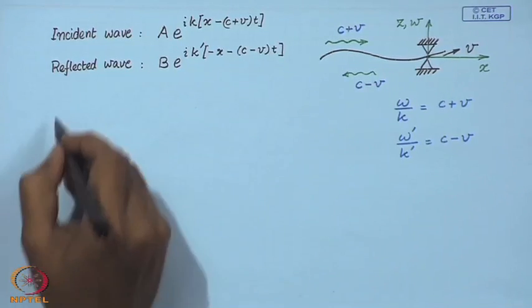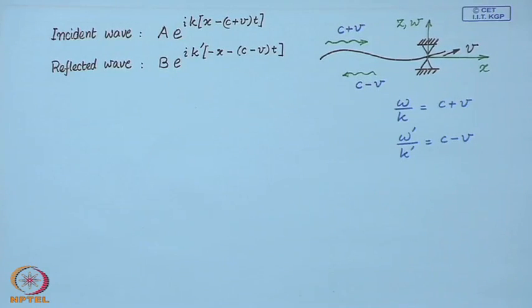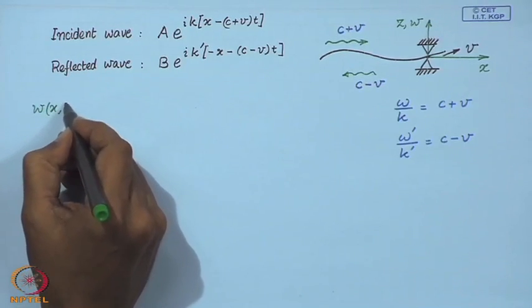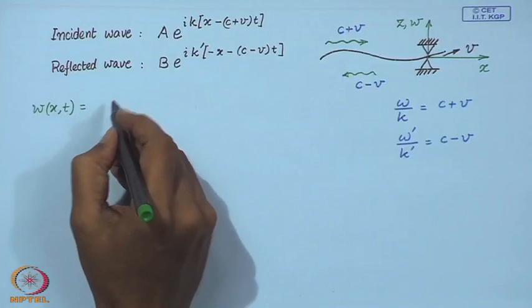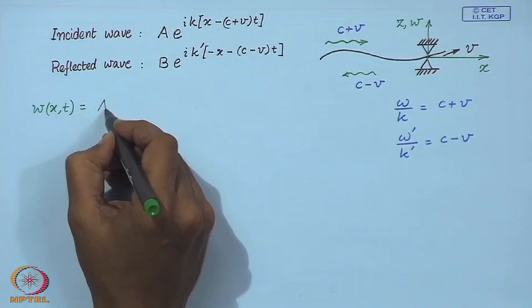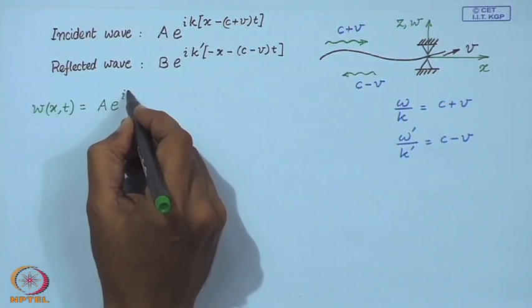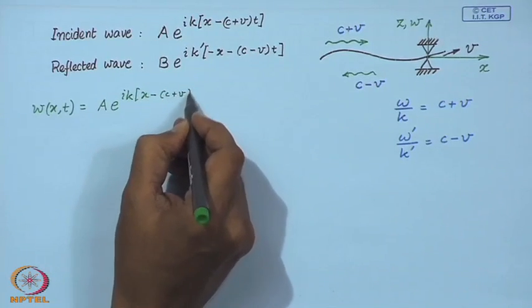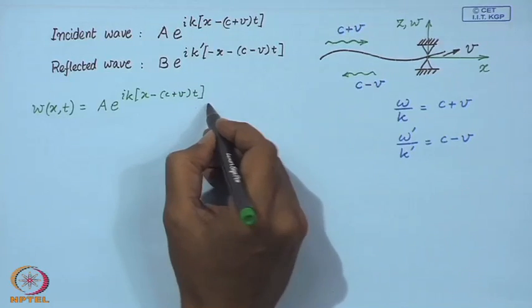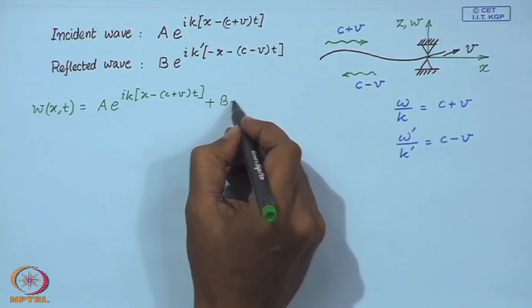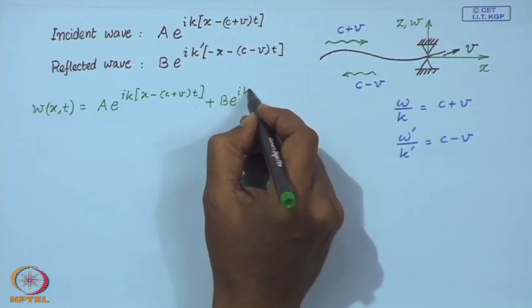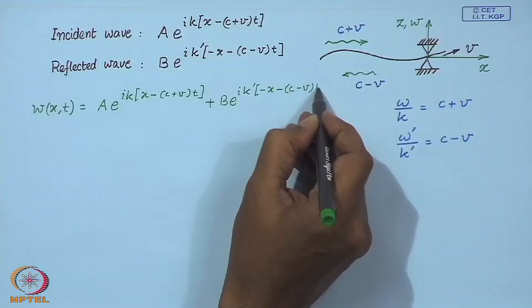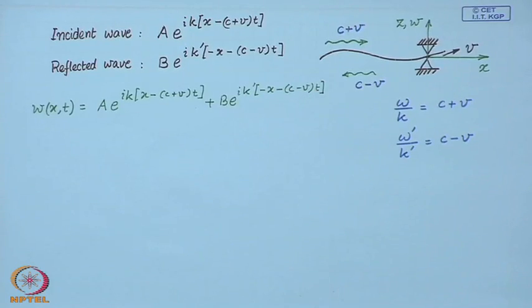So, therefore, the total wave field in the string can be represented like this.